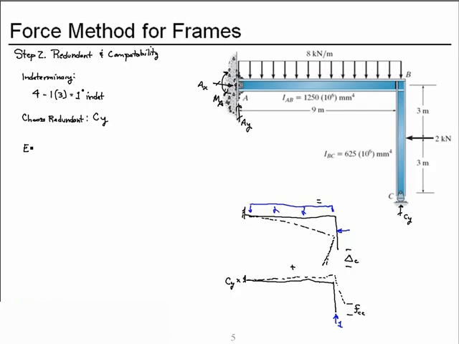So my equation of compatibility becomes the vertical deflection of the primary structure subjected to the applied loads plus CY amplifying the deflection of the primary structure due to the unit redundant have to balance out or add up to 0, its original position.